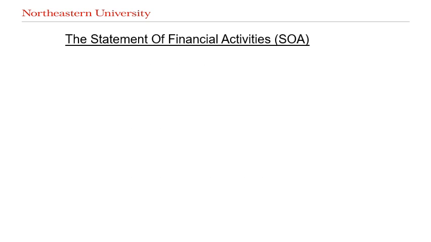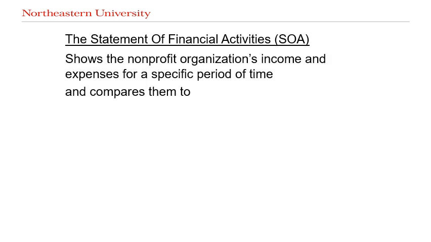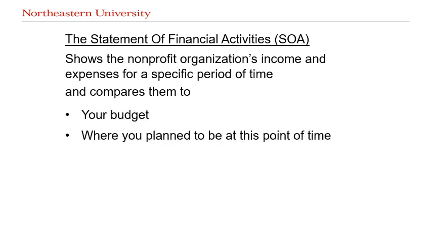So the Statement of Financial Activities is one of the most useful pieces of information you can get. This is a report that will come out at regular intervals. It might be monthly or quarterly, and it's going to tell you exactly where the organization's income and expenses for a specific period of time are, and it will compare them to what you had budgeted for that period of time.